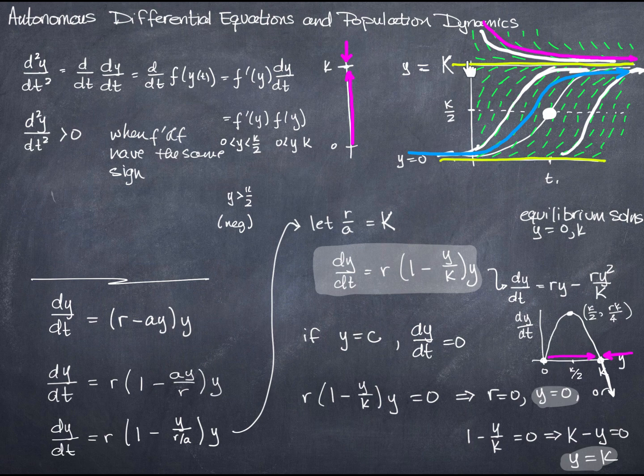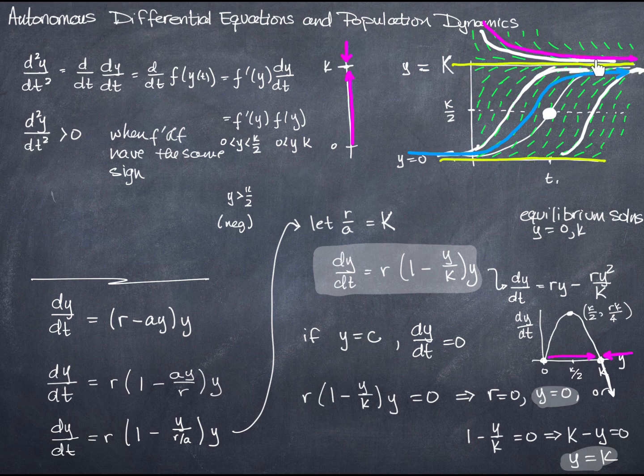When we're looking at those little lines close to K, or if we do it on the phase line here, we can see that they're approaching K, right? They're moving towards K. Our growth is positive when we're close to K below it, but negative when we're close to K above it. In both cases, they're sort of pointing to the line y equals K. So we call that an equilibrium.